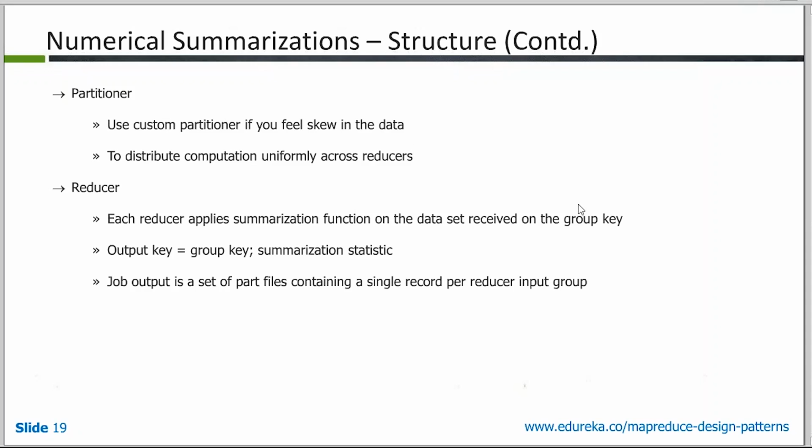Okay, so addition operation is an associative operation. It's also a commutative operation, right? If you flip the sides, A plus B and B plus A are the same. Okay, so as far as such operations are concerned, you can use the same combiner as the reducer. But there are operations which are not associative and commutative, and we'll see examples of that as well.